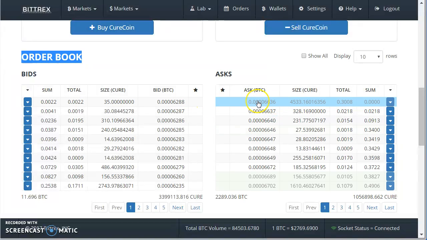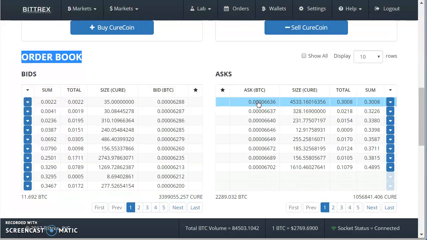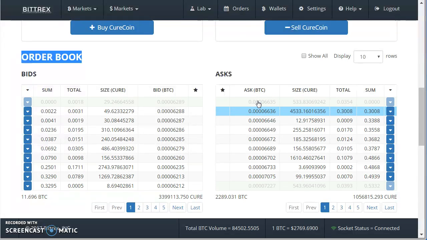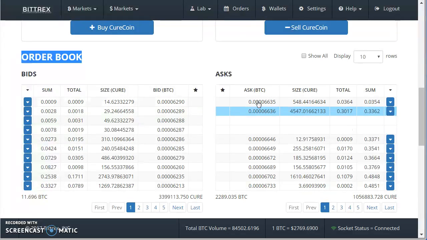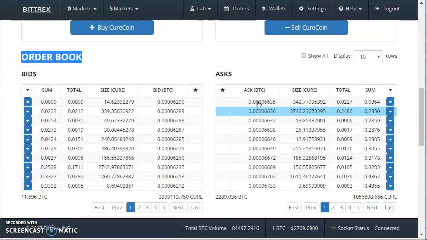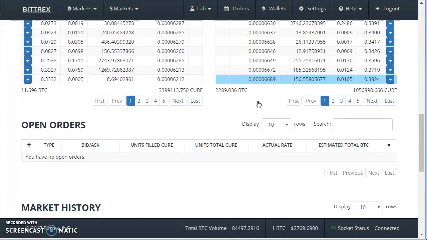You can see it blinking and changing, meaning that these orders are coming up, they're expiring, and some of the trades could be going off at that level. It could just be orders being put on and taken off very quickly, and I'll get into that later.